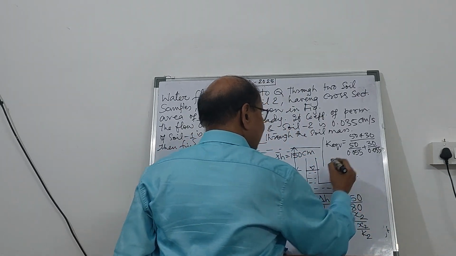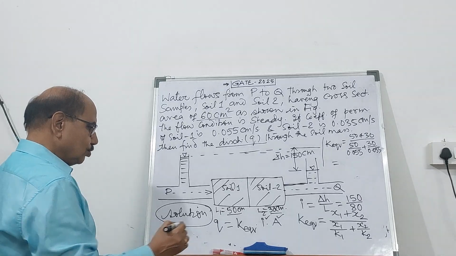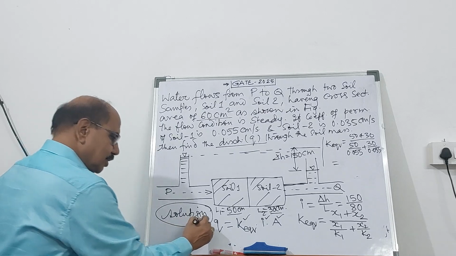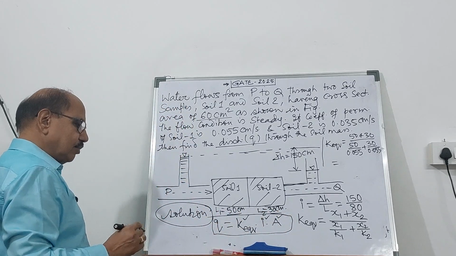If I simplify, I can get the value of K equivalent. Therefore, from this relationship, I can find out the discharge.